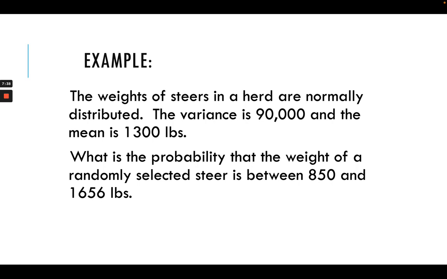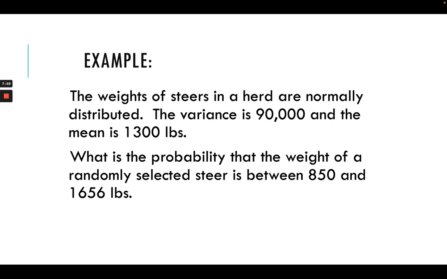And so if we look at this problem here, we are given the mean, but we do not have the standard deviation. We have the variance. And so we're going to have to find our standard deviation in order to use our normal CDF function.